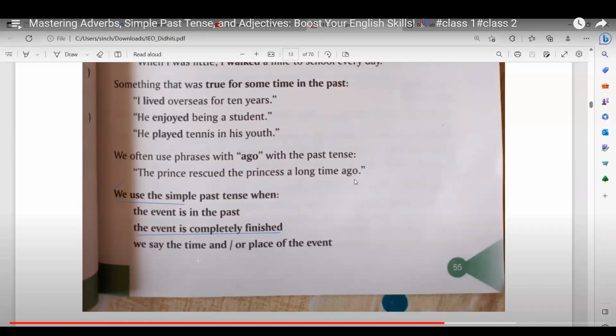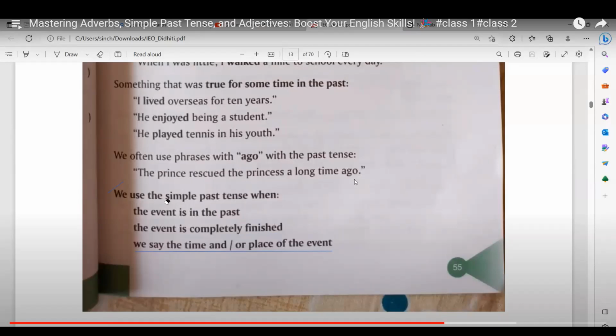Okay, now can you give me an example with this one, Devanshu? We say the time and the place of the event. Yes, ma'am. Tell me, Devanshu.